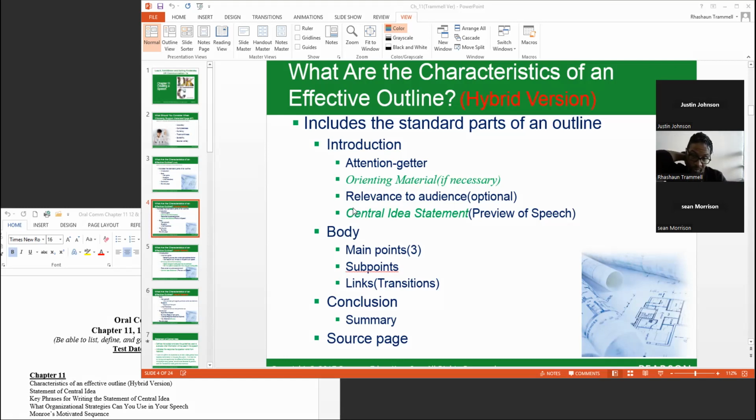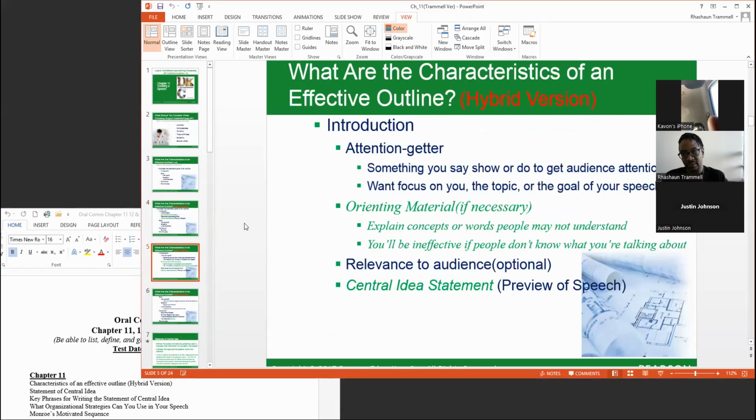Body: your main points and your supporting points for those main points. Your conclusion usually consists of a summary statement of all your main points, and a clincher or wow statement. So that's the quick version of it. I will show you a few more things to make sure that there's nothing that I accidentally missed on this.